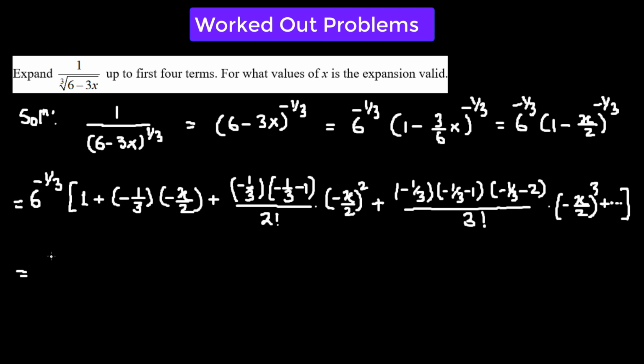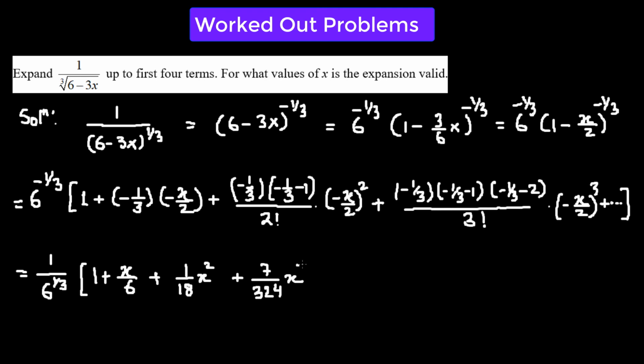Further simplification gives us 1 over 6 raised to the power of 1/3 times (1 plus x over 6. I'm going to use a calculator, and that value is going to be 1 over 18 times x squared, and the fourth term will be 7 over 324 times x cubed) plus the remaining terms.